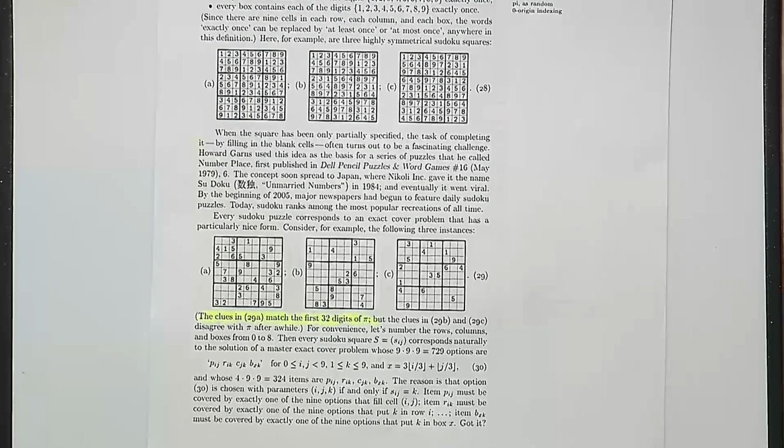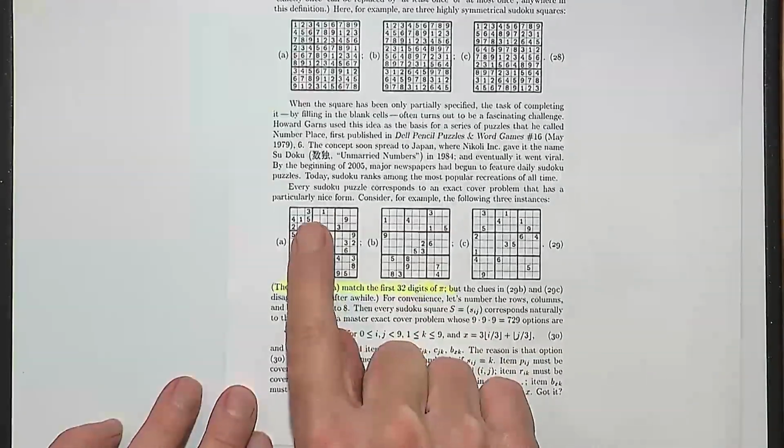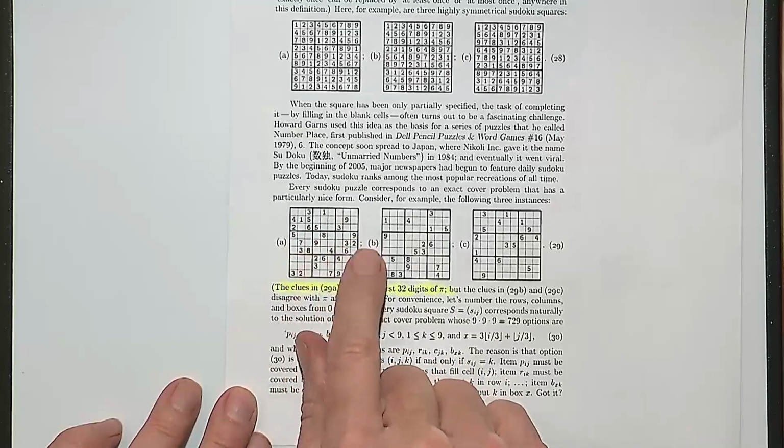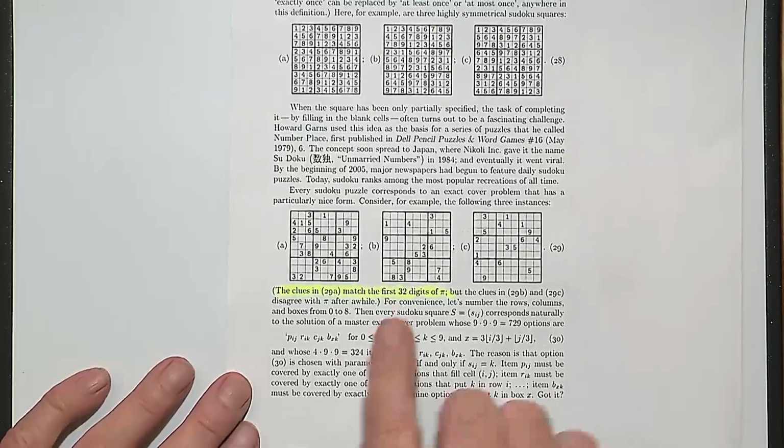So I need an example of Sudoku to work on. Here it is. 314159265358979. Okay, so I was able to get the first 32 digits of pi in there.